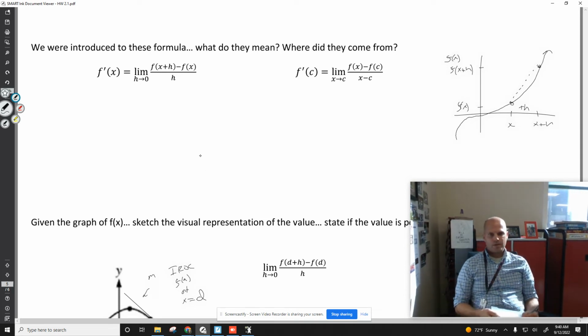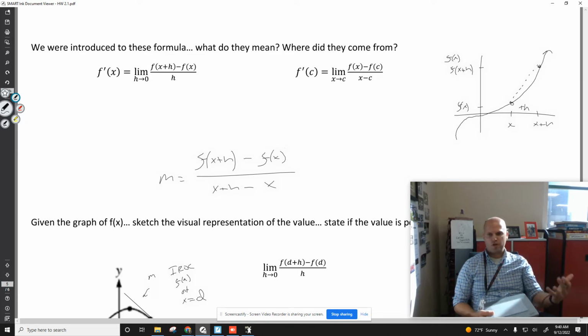Well, y2, this y coordinate, minus this y coordinate, so minus y1, over x2 minus x1, x2 minus x1. This gives me a theoretical slope of 2 points h distance away from each other on the x-axis. Now, we can see it's just about the h distance.